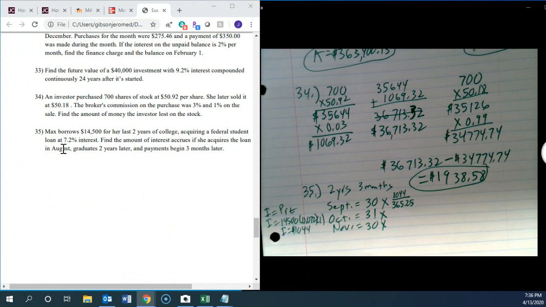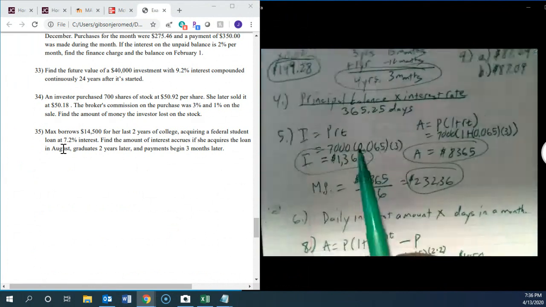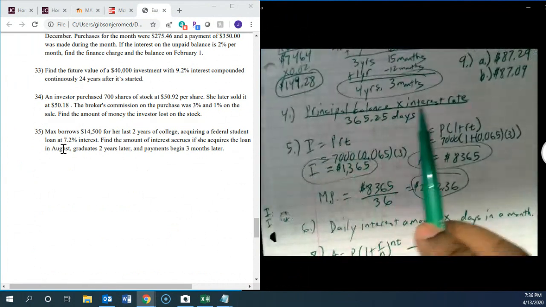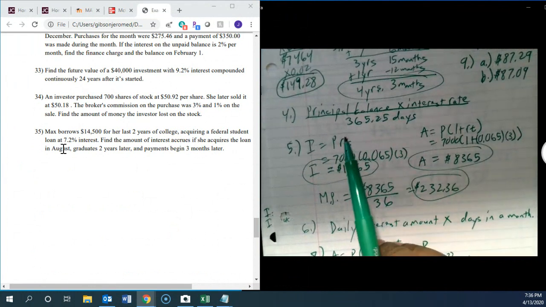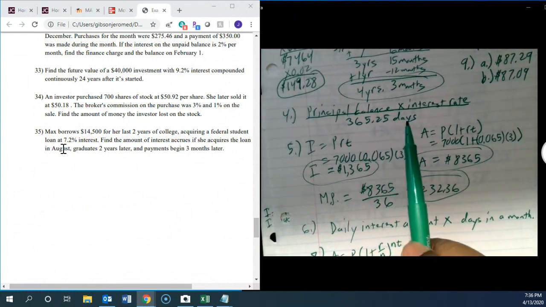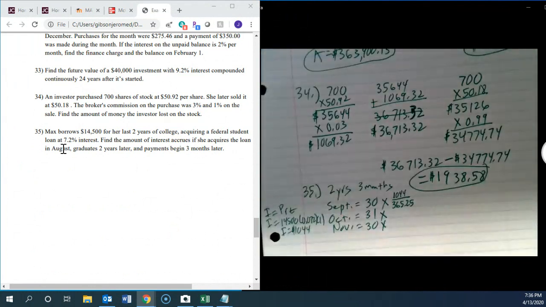Oh, if you go back to problem number 4 on the first page, it shows us that it is the principal balance times the interest rate divided by 365.25 days. So this is the principal amount times the interest rate. So we really didn't need the time, but that's fine.